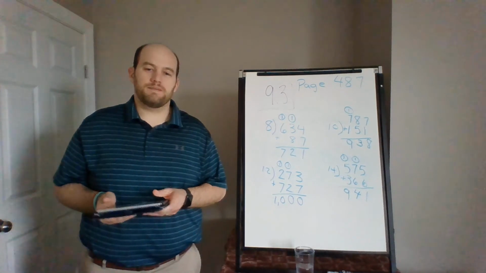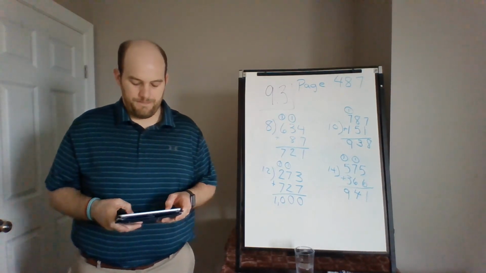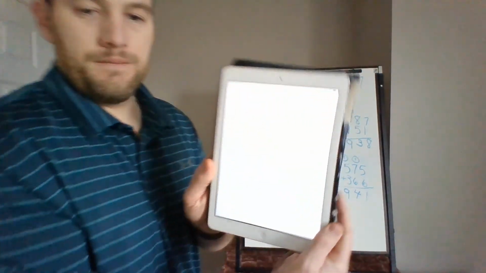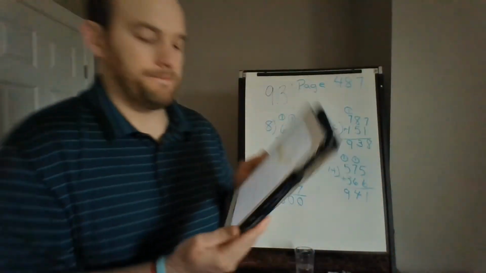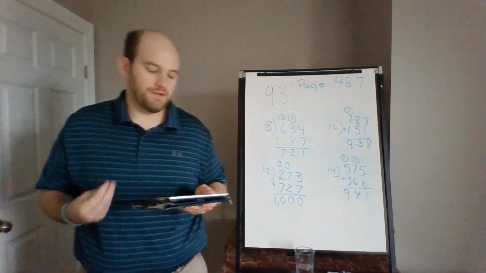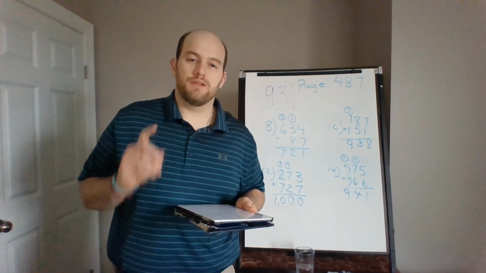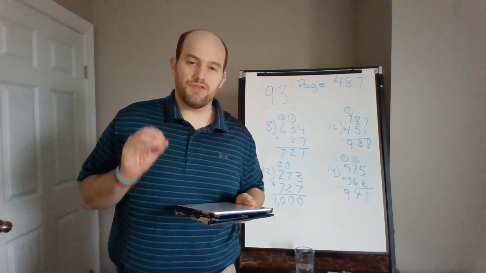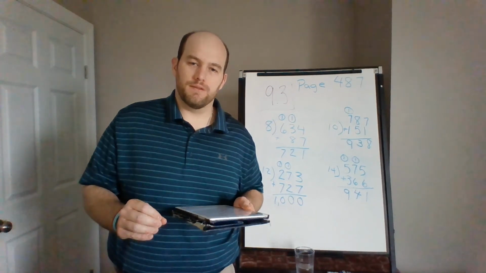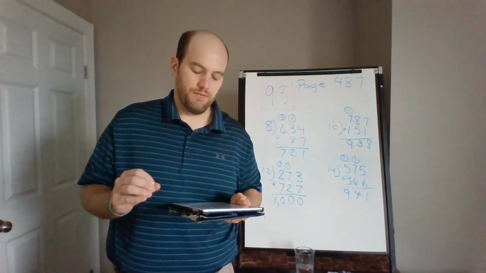So what am I expecting you to do for your homework? Well, I pulled up the homework right here. This is your homework page. It's on page 491. What I want you to do right now is to go through and circle all the odd numbers. Those are the ones you're going to work on.